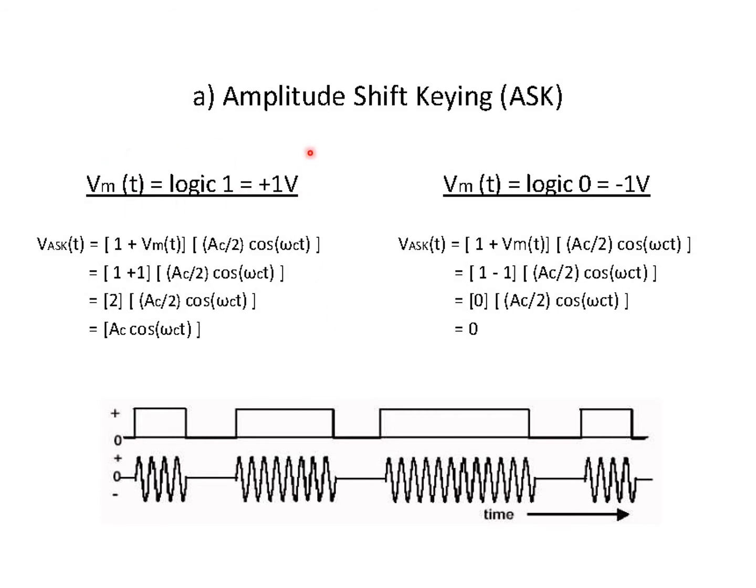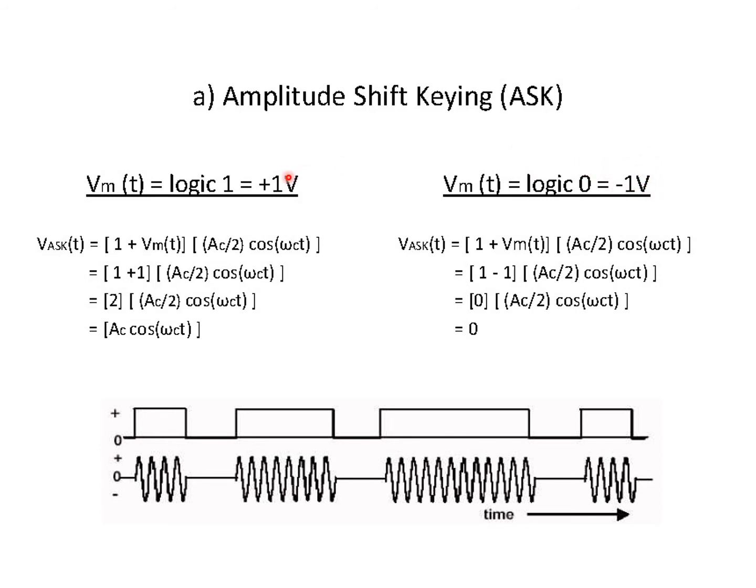The input binary signal can take two values or two states. If it is a bipolar signal, logic 1 or the on state will be represented by plus 1 volt or plus 5 volt, and logic 0 or off state will be represented by a negative voltage.